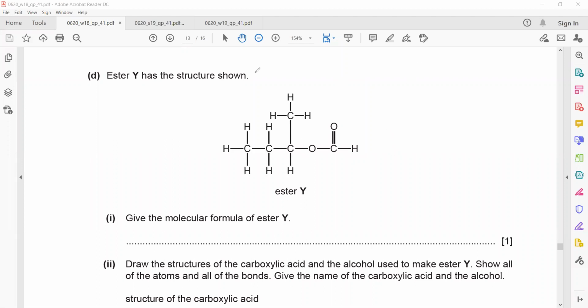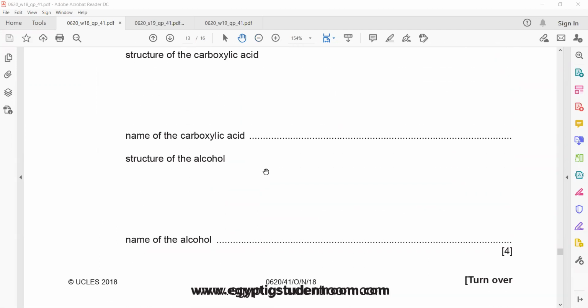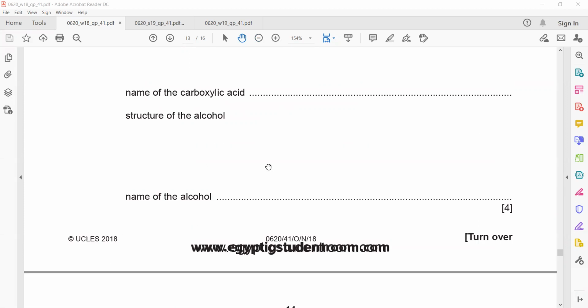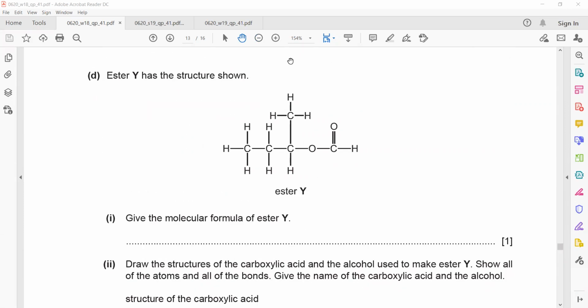For the next part, because there are fewer minutes left, I will not be able to draw the full structure, but I'm just explaining an idea of how you can work out the structure. If you want to draw the alcohol, hide the remaining structure up to oxygen and put H here. That will be the alcohol.